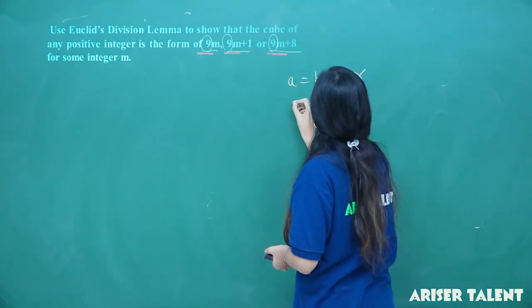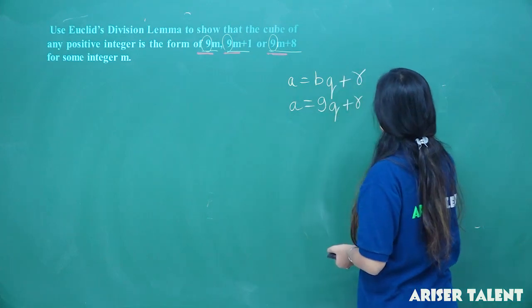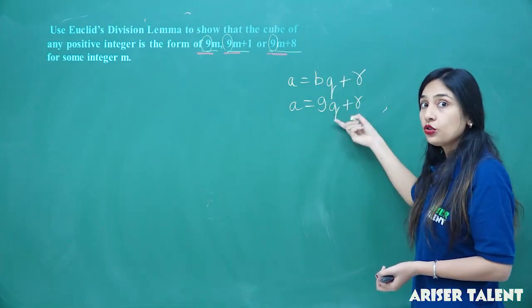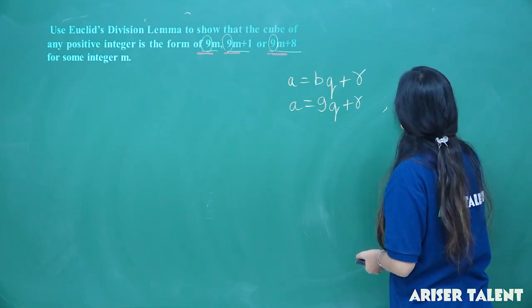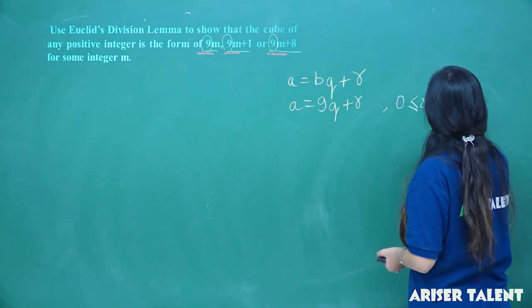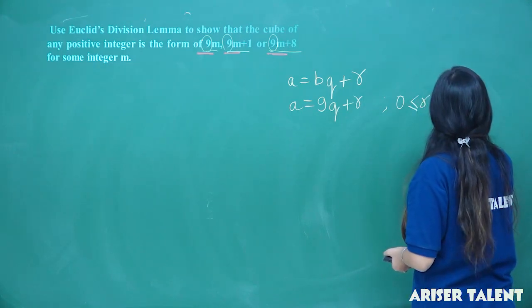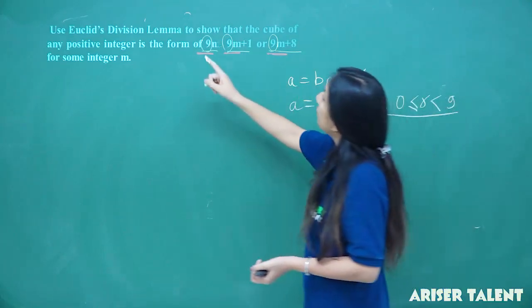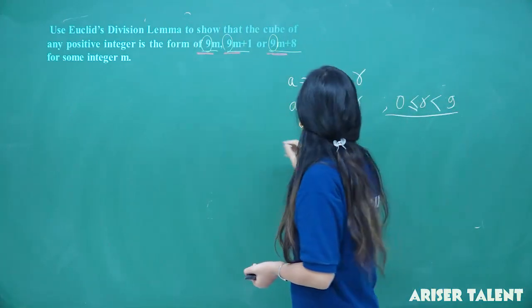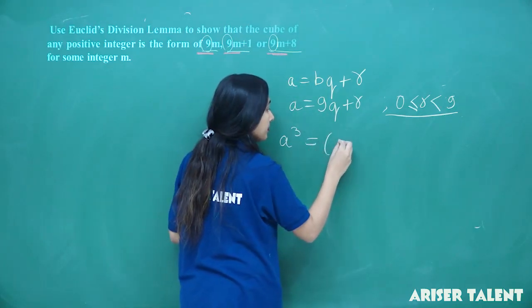Now the value of b will be 9, so a equals 9q plus r. By this, the value of r will range from 0 to 8. Now it is saying the cube, so you will be doing this.